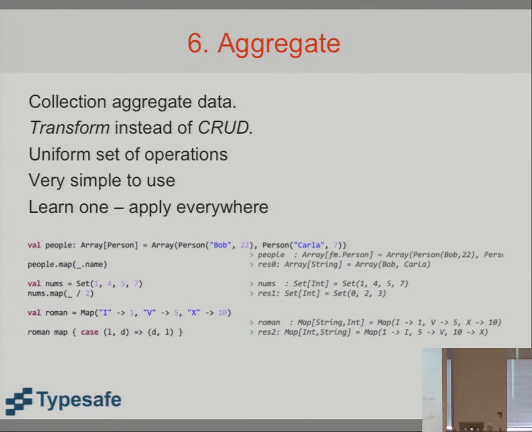What you tend to do instead is you take a collection, and then you have a uniform set of operations that give you a new collection at the end in a functional way. And whether you do that in the REPL with a simple array of 3 elements, or you do that with Spark on a cluster of several hundred nodes, it's the same operations and it's the same idea. That's the power of these collection operations here.